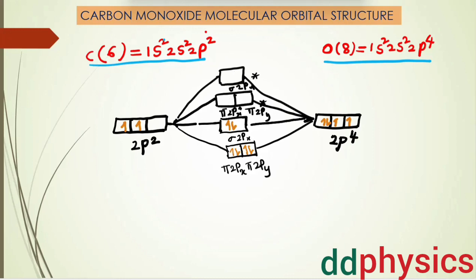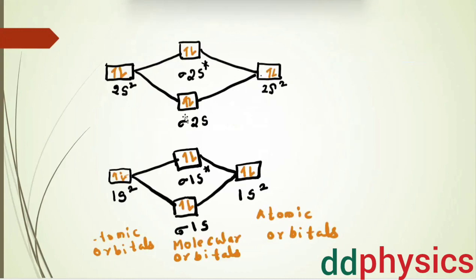Okay. Next, look at these two diagrams. These two are also molecular orbitals. This 2s2 is from the carbon atom, and this 2s2 atomic orbital is from the oxygen atom. The middle part in the diagram is the molecular orbitals sigma 2s and sigma 2s star.